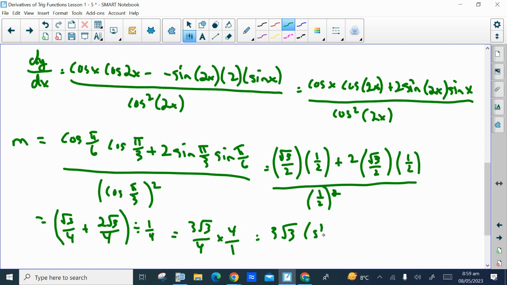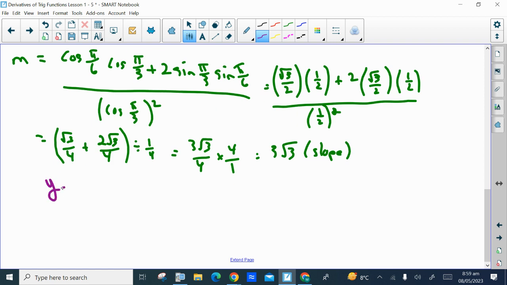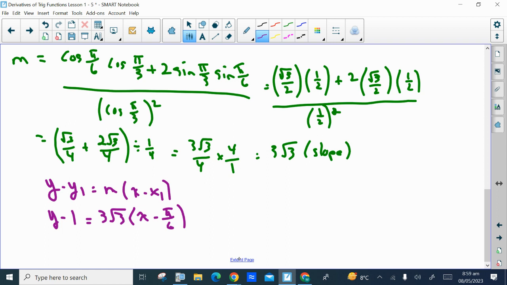This is our slope. And now using point slope, y minus y1 equals m bracket x minus x1, we can write our equation. The point of tangency again is the point pi on 6 comma 1. So y1 is 1. M, our slope, is 3 root 3 bracket x minus pi on 6.